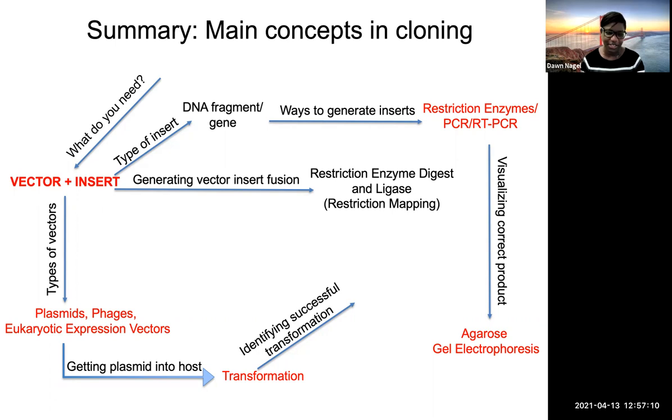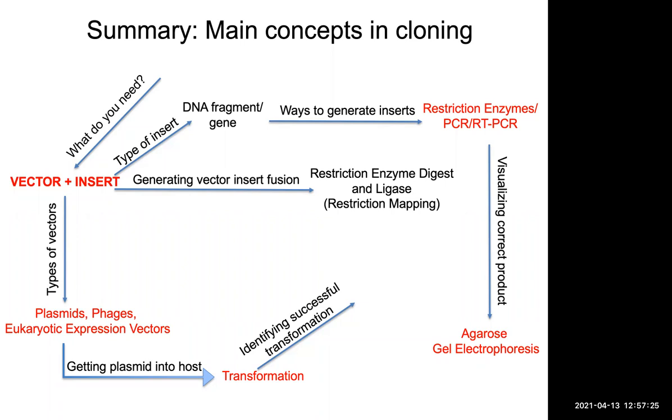The selectable marker is the antibiotic resistance gene. What's the difference between those two markers? Isn't it the fluorescence that's added?